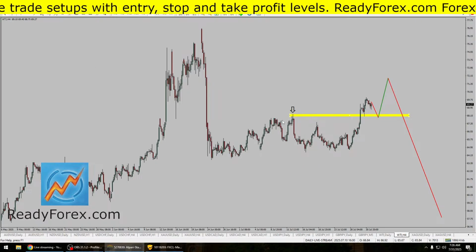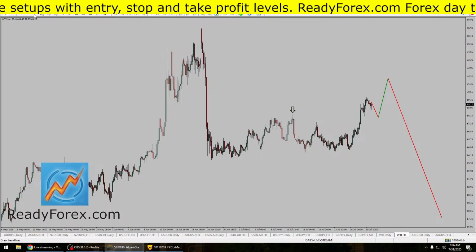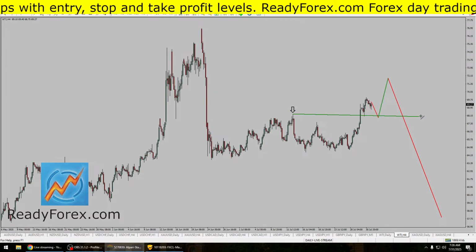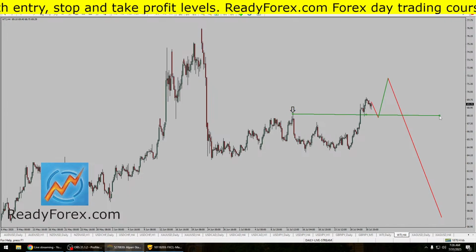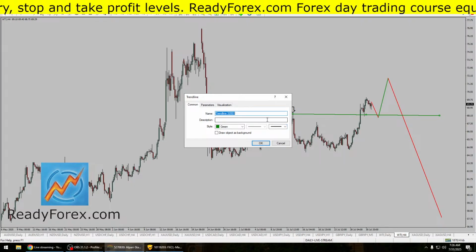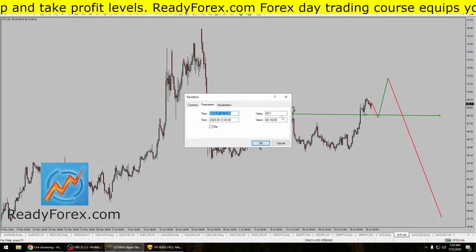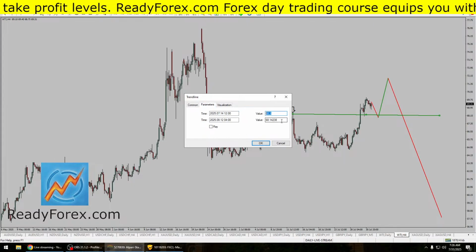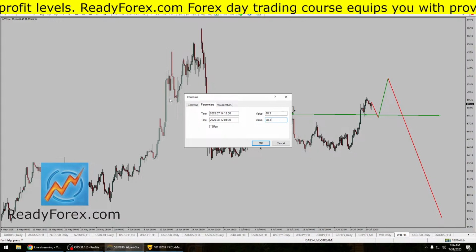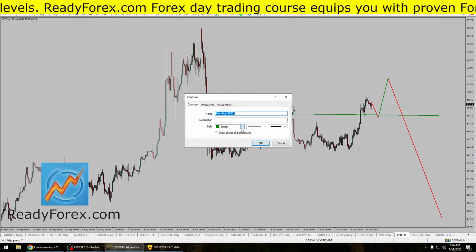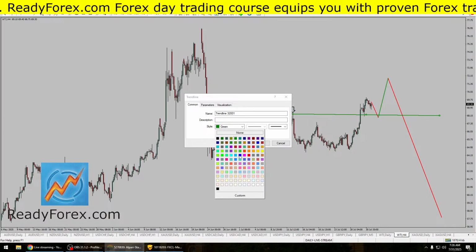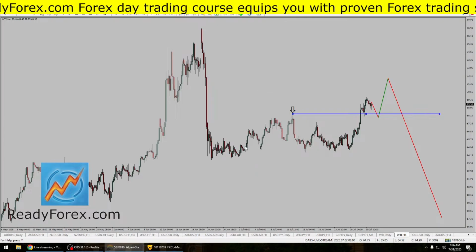We can draw a simple trend line over here. So 68.30, and let me hit the blue.